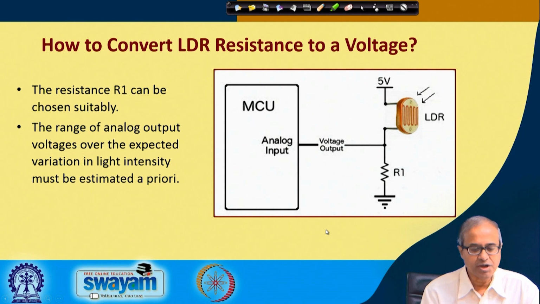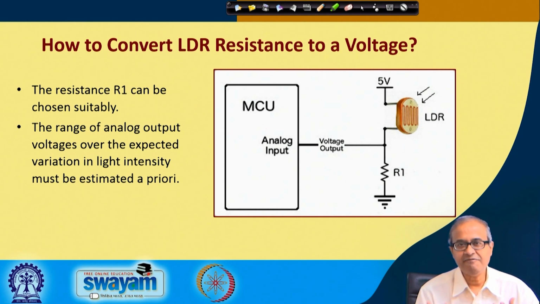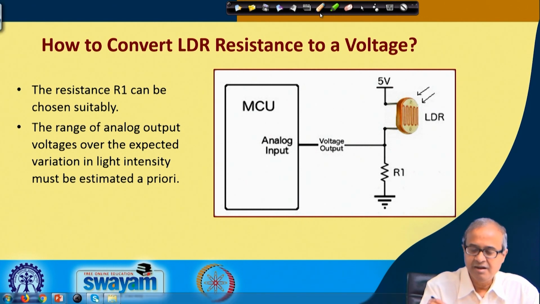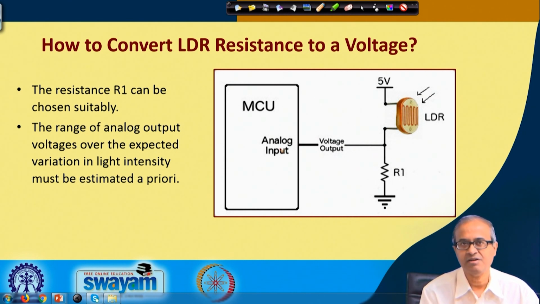Now, talking about interfacing, very typically we use some kind of a resistance divider circuit. Like we can use an LDR, and a resistance R1 with a 5 volt supply, let us say, and we can feed this to one of the analog input pins of our microcontroller, either Arduino or STM32. So, here what will be the value of this output voltage?